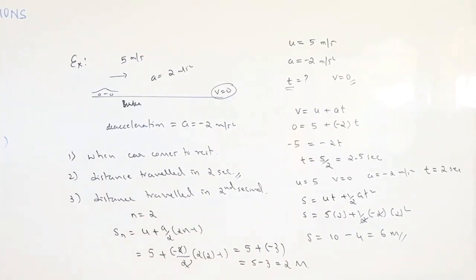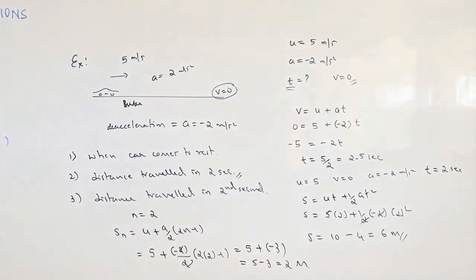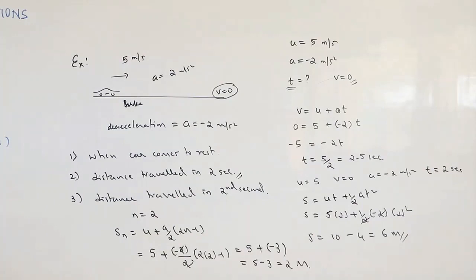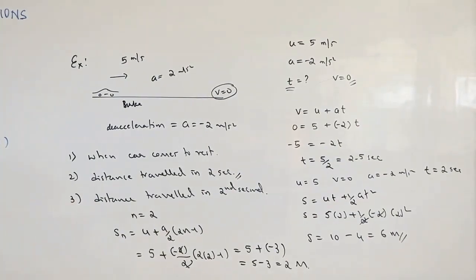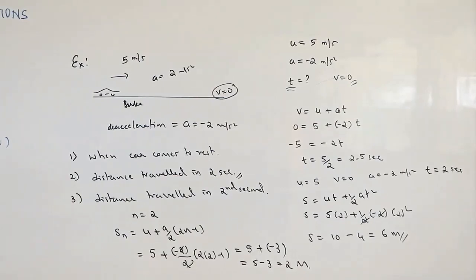So just you try to separate those two questions. Second one and third one. Distance traveled in 2 seconds, distance traveled in 2nd second. Similarly, if they ask 3 second, third second, 10 second, 10th second, n second, nth second. So that we should be able to differentiate. Okay.